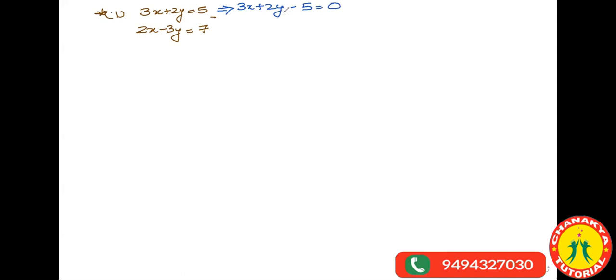Understood? Yes, ma'am. Now in the same way, make the second one like this: 2x minus 3y minus 7 is equal to 0. Clear, beta? Now these are your pair of linear equations.